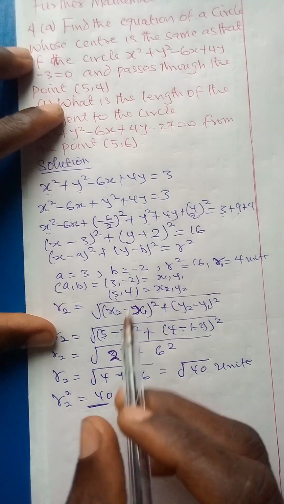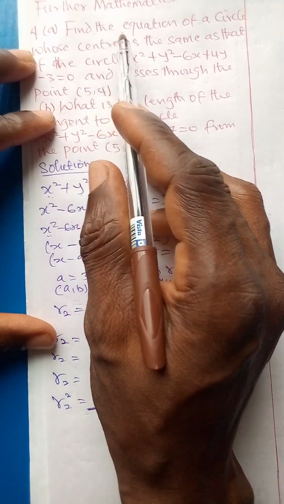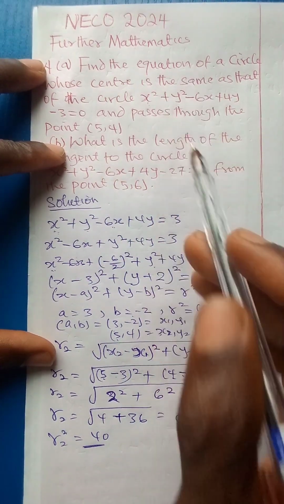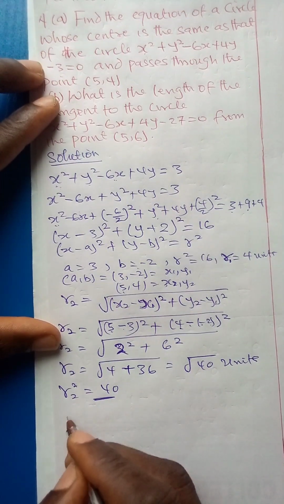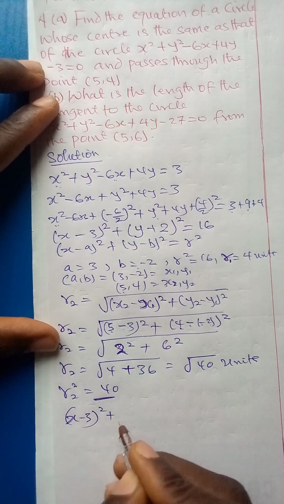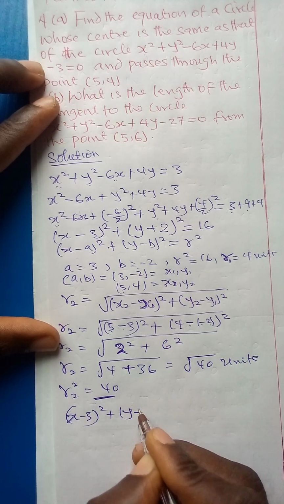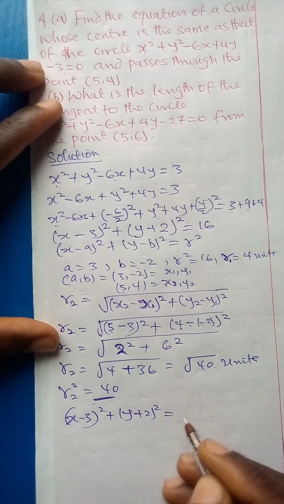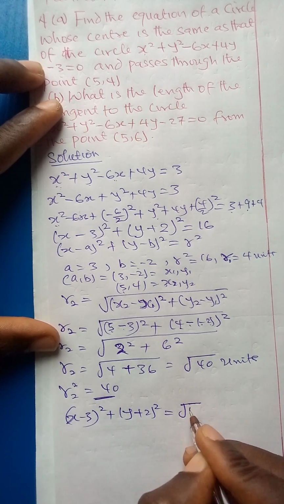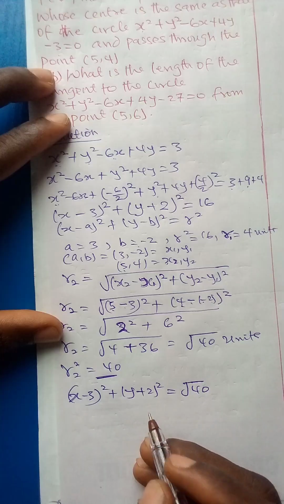Now, let us write the equation of the new circle, since we are asked to find the equation of the new circle. So it becomes (x minus 3) squared plus (y plus 2) squared is equal to r squared, which is root 40 squared.